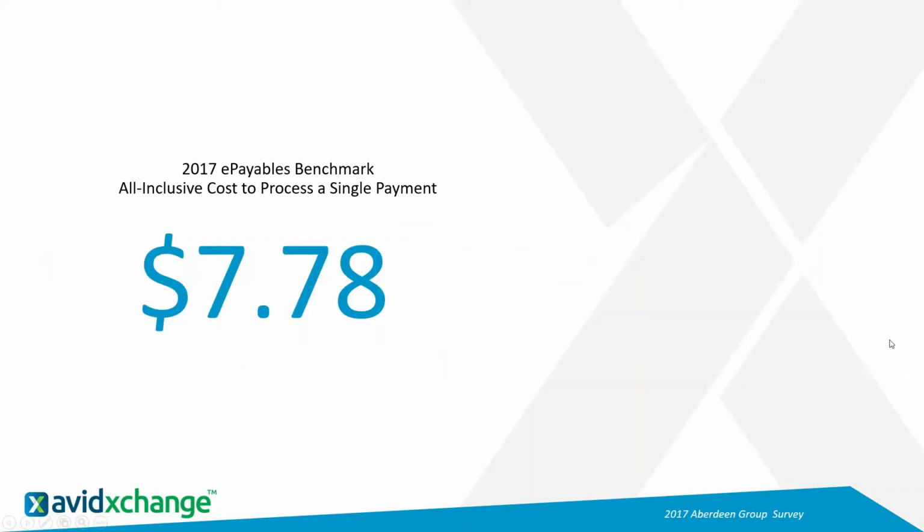The flip side of what does it cost to process an invoice is the cost per payment. I go through this a lot more with clients who are really looking at going to a paperless payment solution, and just checks alone, people would agree, are at least $2 a check.